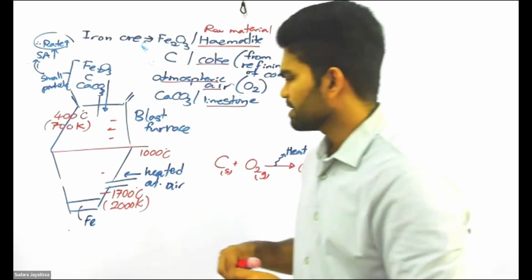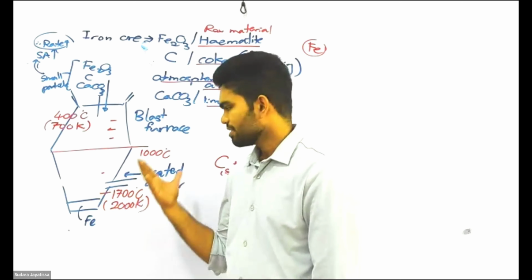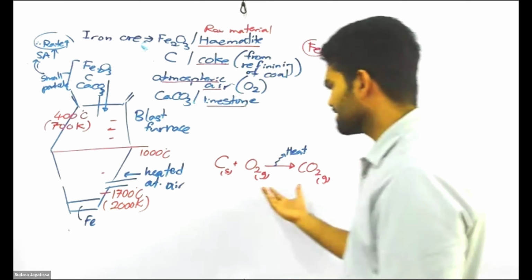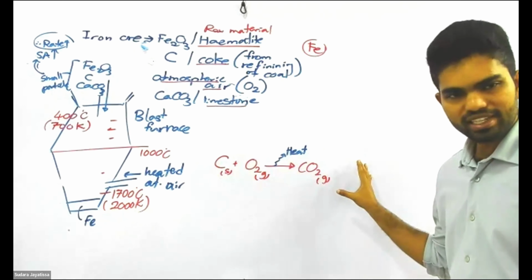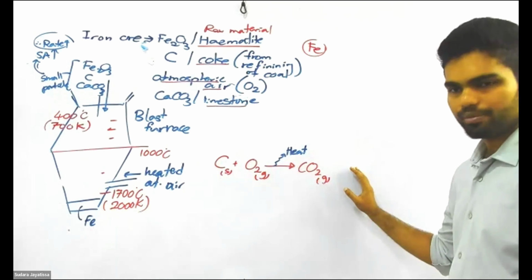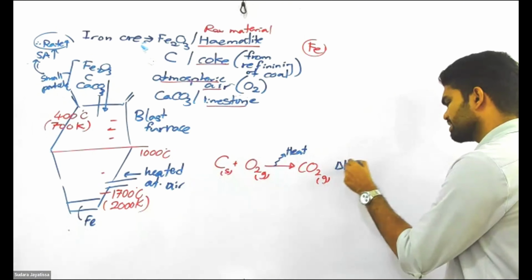Actually, that's how they maintain this temperature. There should be some fuel to support this heat. That heat is given out by this reaction. Is that clear? Coke burns to give carbon dioxide. Like I said, it is an exothermic, delta H negative reaction.